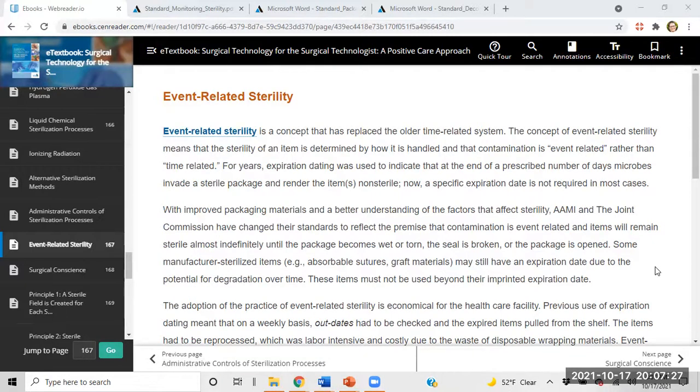Then, as the process continued to improve over the years, they figured out that a package stays sterile until that is broken. So they changed it to what's called event related sterility. All that means is that the package is sterile until it's opened or until the seal is broken, and then it is no longer considered sterile.